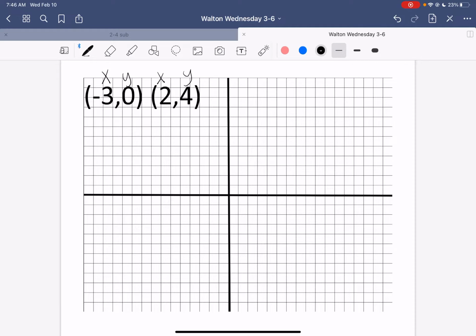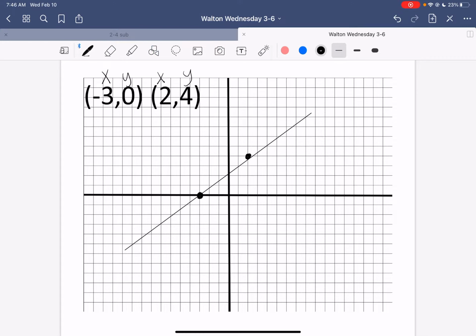So I'm going to take my negative 3, 0, so I have 1, 2, 3, so here's my negative 3, 0, and then I have 2, 4, 1, 2 on the x, 1, 2, 3, 4 on the y. So now I have two pretty points, and these essentially are making a line, right? It's a little off, but you see what I'm talking about.